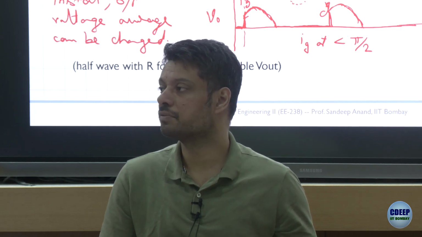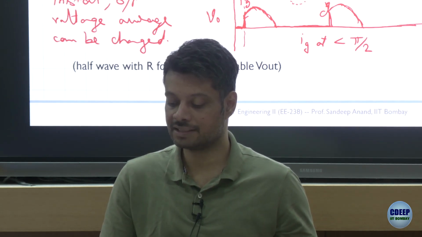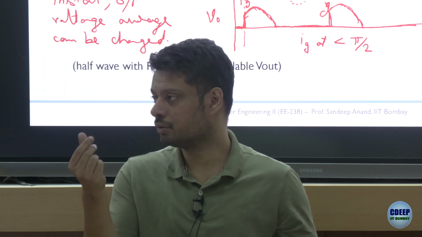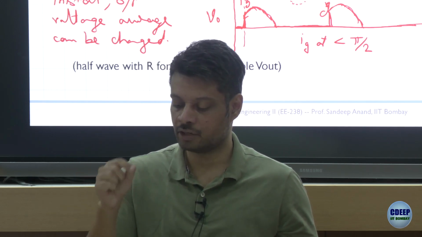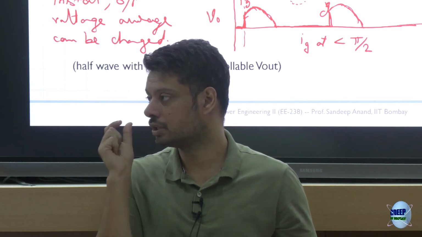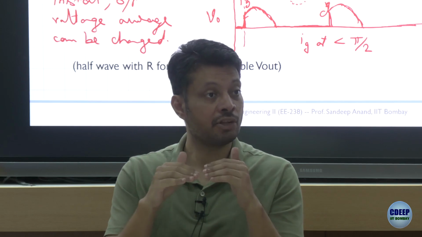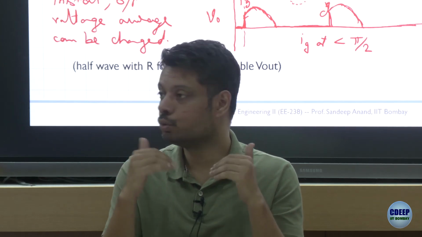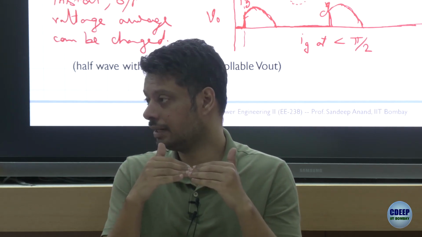The output voltage waveforms. If I am providing a signal Ig only for a short duration, when I draw this Ig peak, it means that in this short duration I am providing a positive voltage or a positive current. In the remaining duration I am keeping the gate at a negative value, right?